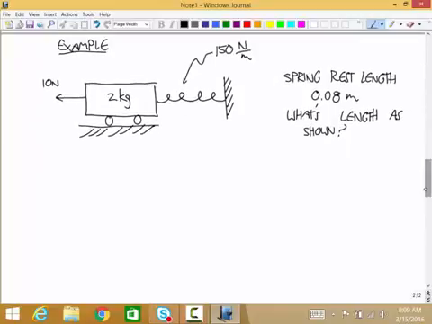Okay. So how are we going to do this? Okay, so we're going to use Newton's second law, so we're going to start with a free body diagram. What forces are acting?